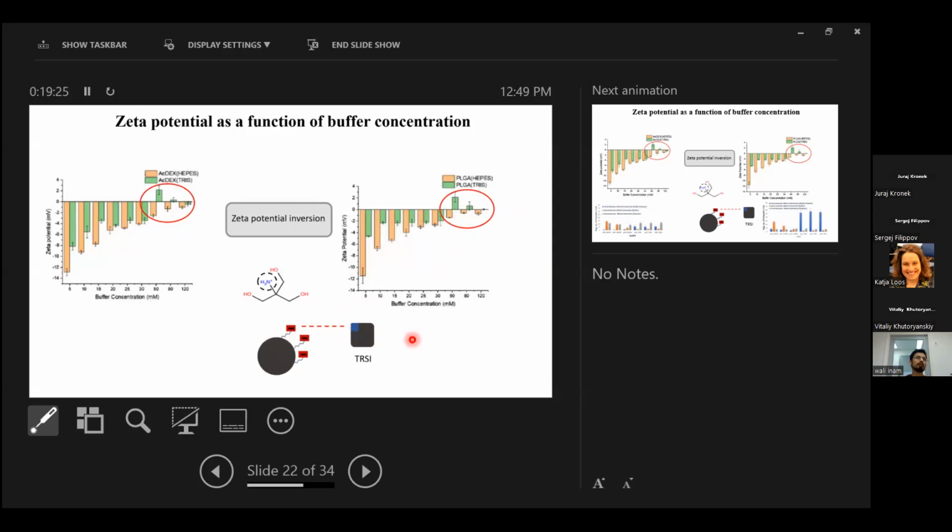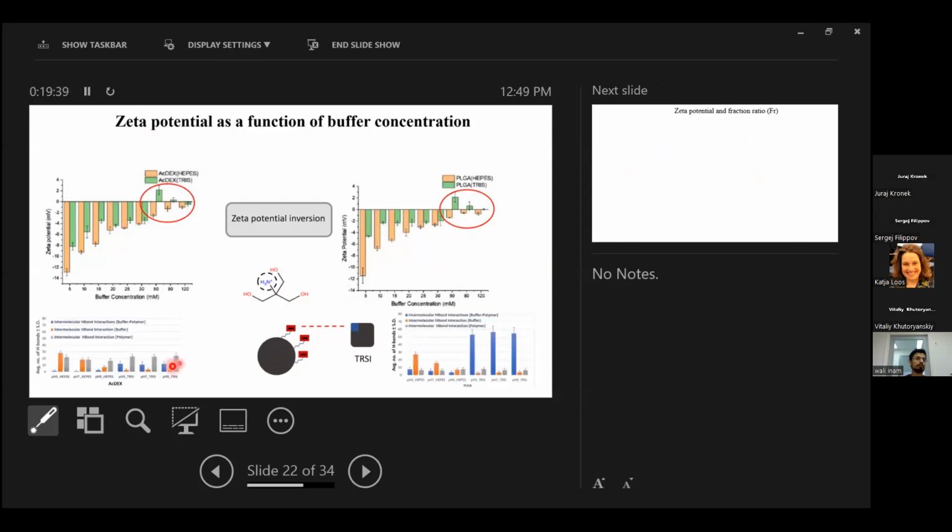Inversion means there's slight adsorption of Tris, and it is capping the negative potential of PLGA. And as I explained earlier, Tris has a possibility to form more interactions with the PLGA and ACDEX, and that explains the reason for the results.